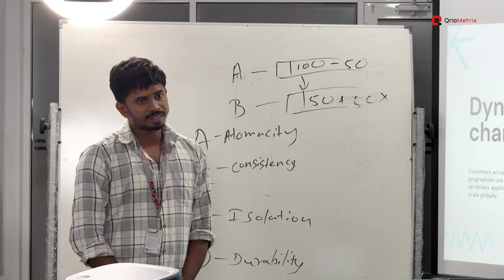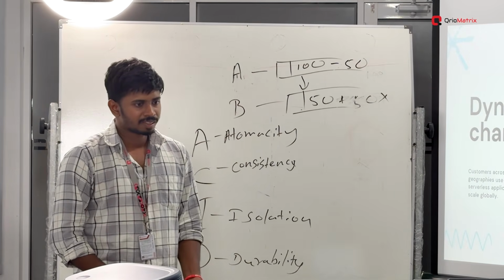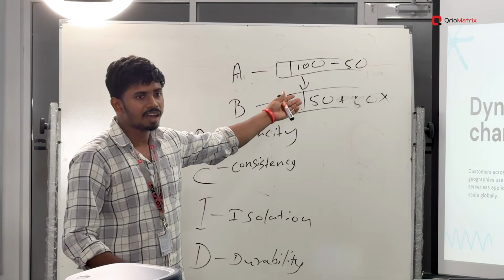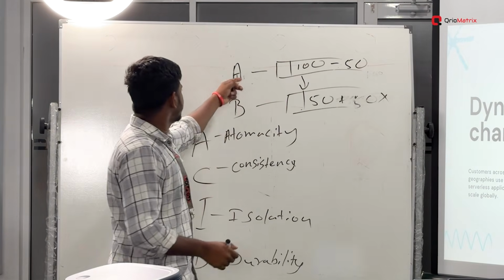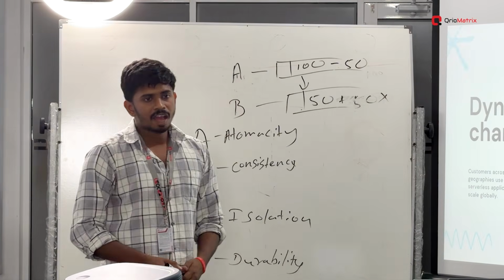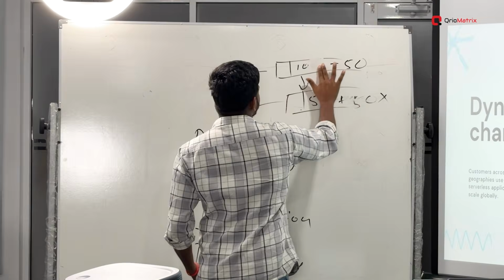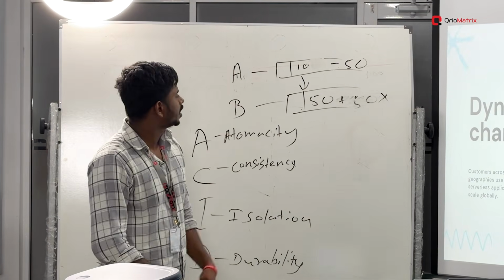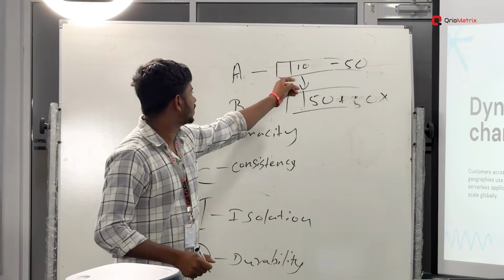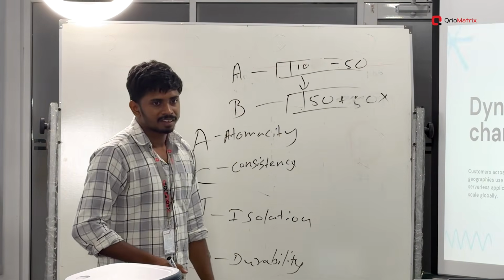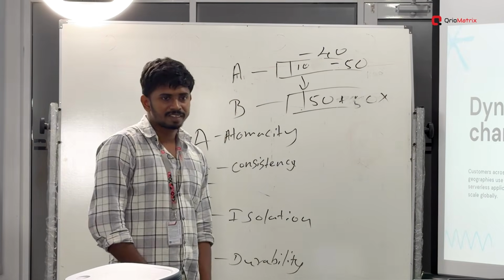And consistency means the state of the database should be consistent, both before this transaction and after it. As an example, think A only has $10 here, and you are going to transfer $50 from his account. Once we deduct this 50 from the 10, there will be a minus, right?